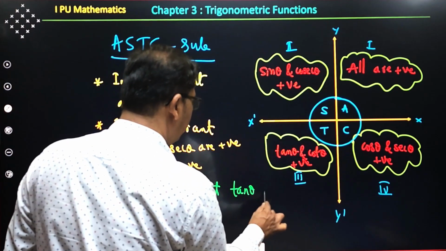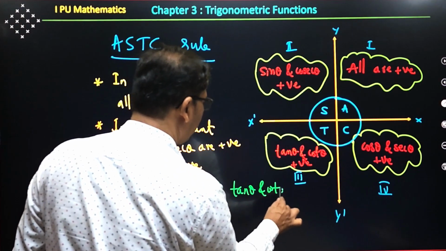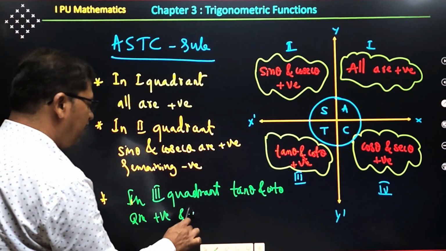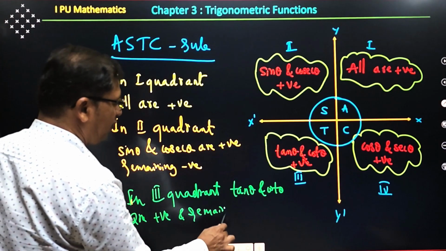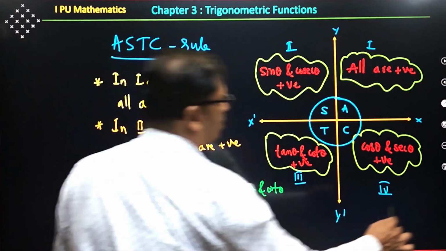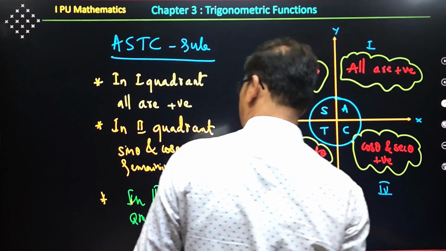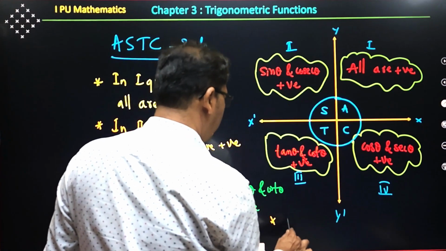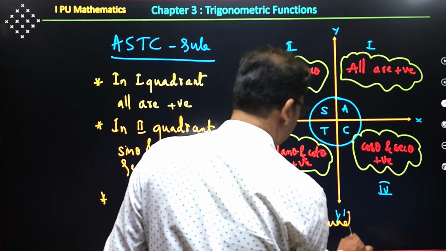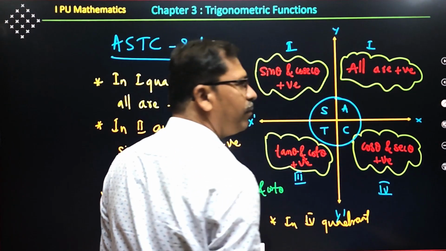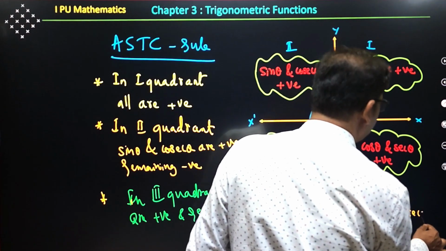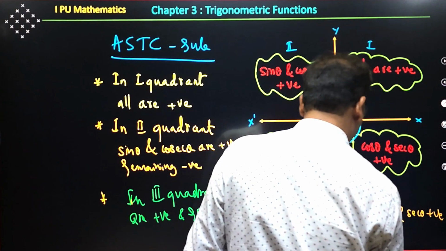Tan theta and cot theta are positive and remaining negative here. And lastly, in the fourth quadrant, cos theta and sec theta positive, remaining negative.